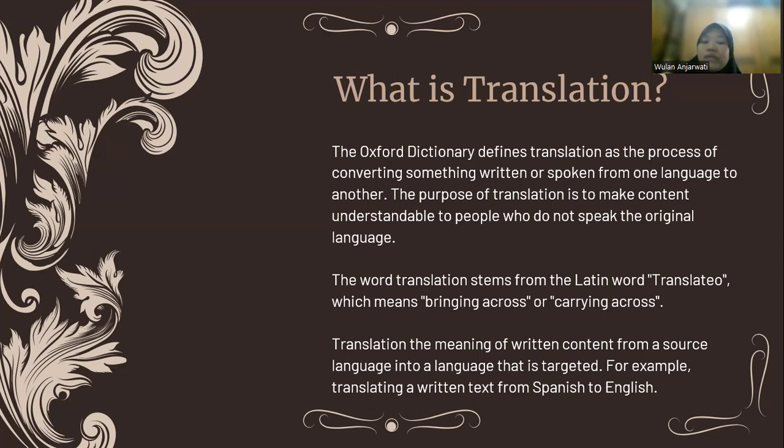The word translation stems from the Latin word translatio, which means bringing across or carrying across. Translation is the meaning of written content from a source language into a target language, for example, translating a written text from Spanish to English.